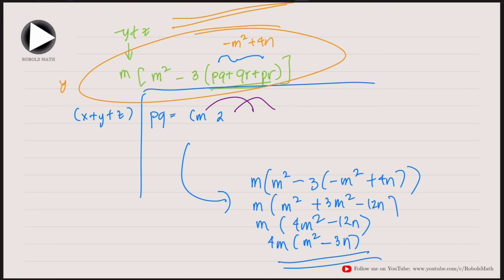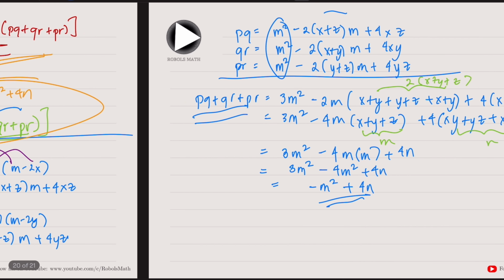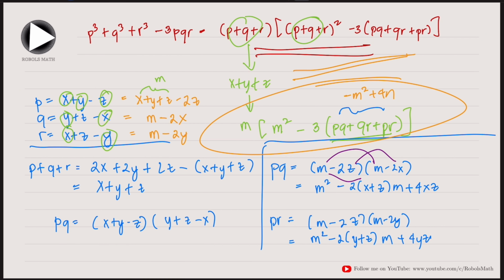Therefore, this expression here is equivalent to what we found earlier, which is 4m times m squared minus 3n. We're still not yet done because m and n are just made up expressions that we did to simplify the writings.